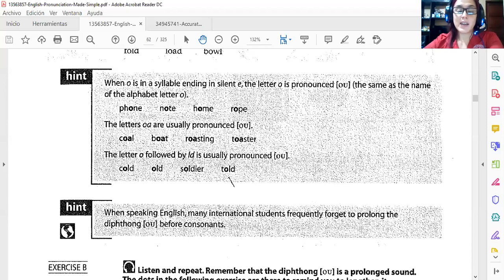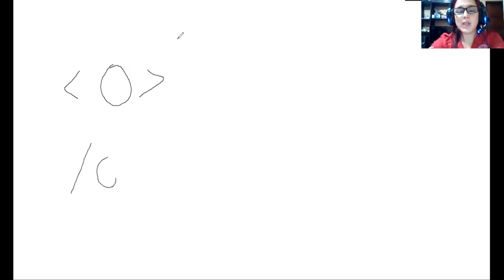So it's like a formula. Sometimes pronunciation works like math. So you need to know the formula. For example, here, I'm going to draw something. We have the letter O. Remember that these brackets mean that this refers to spelling. If you have this, remember that this is the pronunciation.